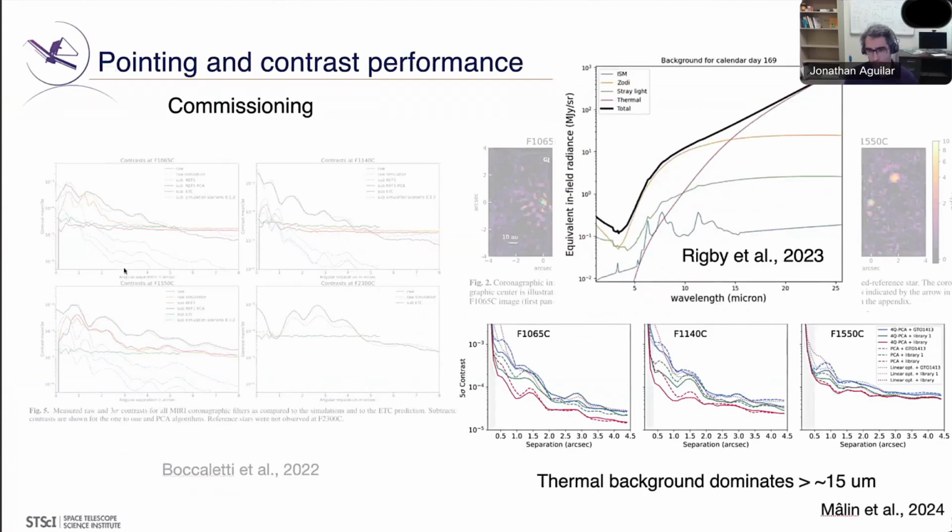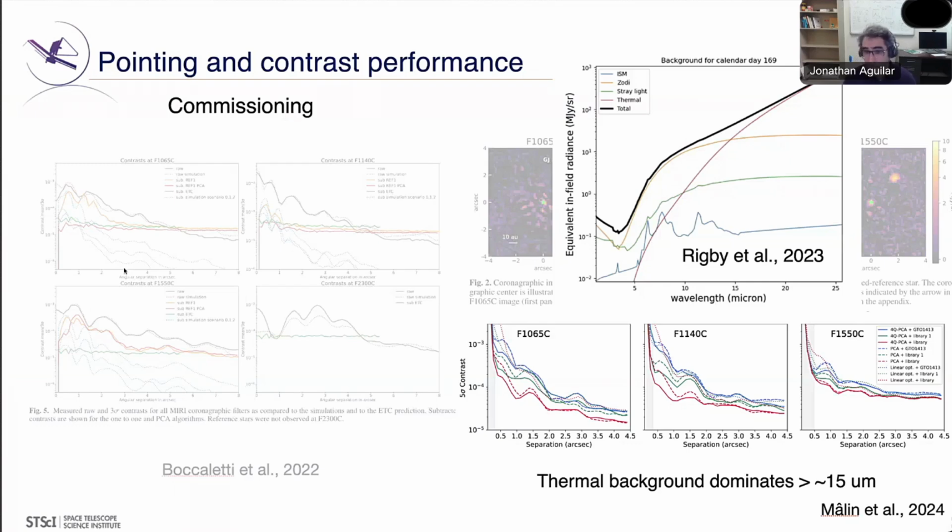But if we go over to Mathilde Malin's paper on GJ504b, you can see that she is getting about 10 to the minus 5. She almost reaches 10 to the minus 5 contrast at 10 microns. What's nice about this is that she compares different PSF subtraction techniques. There's some that only use contemporaneous PSFs, and there's some that use the entire library of all the reference PSFs that have been taken in the history of Webb operations.